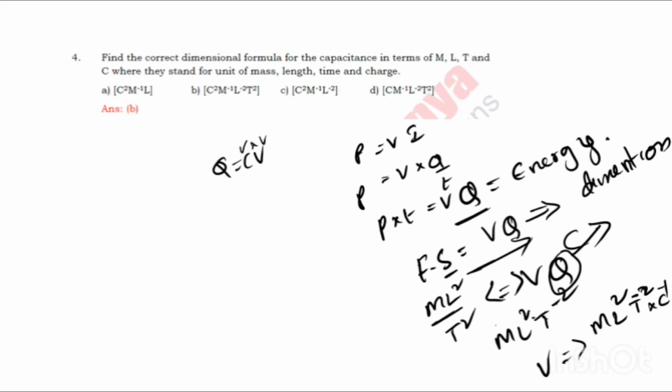Here we want the dimensional formula for capacitance.